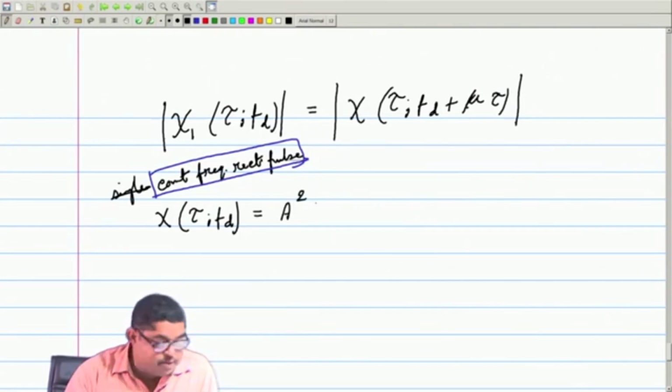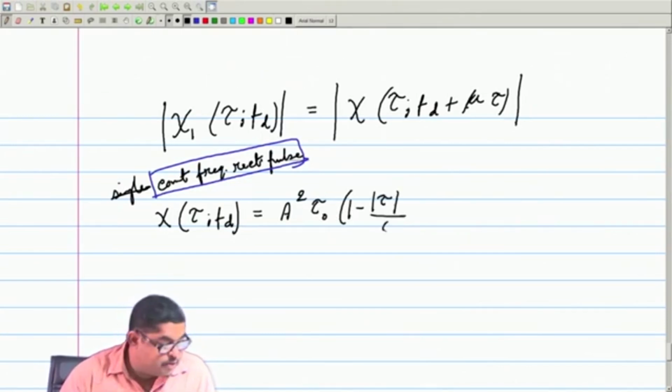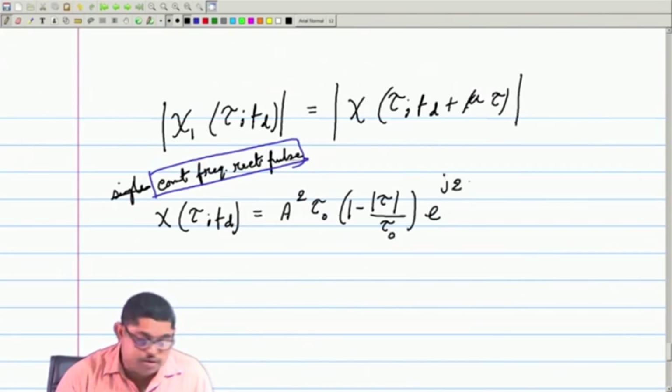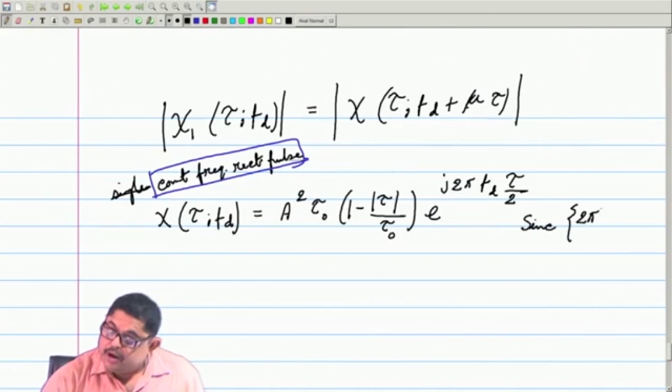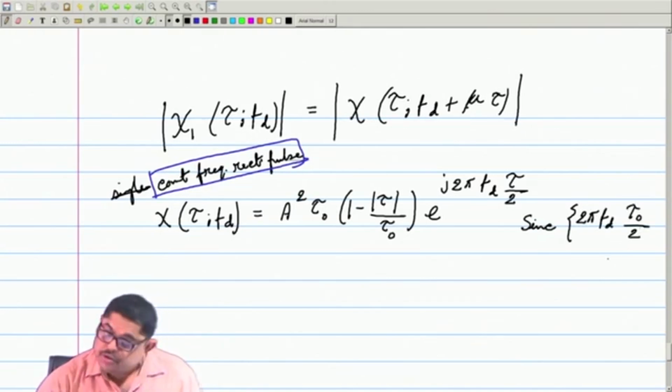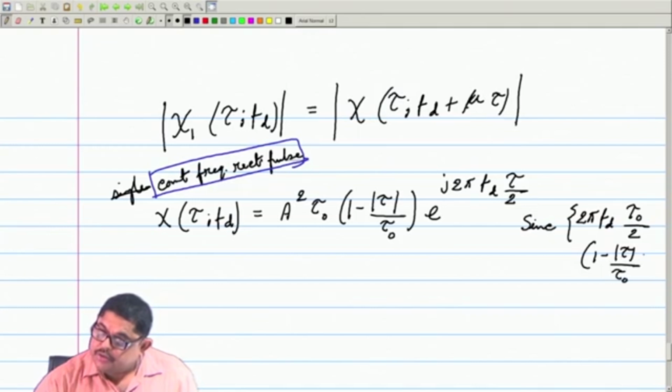A square tau naught, 1 minus tau by tau naught, e to the power j 2 pi f d tau by 2, sinc of 2 pi f d tau naught by 2, 1 minus tau by tau naught.